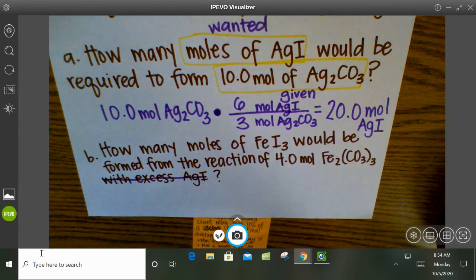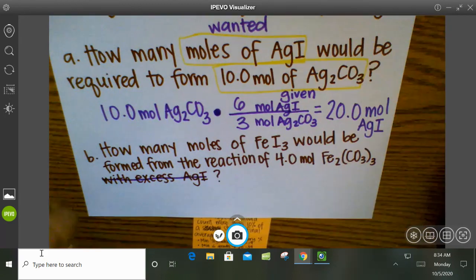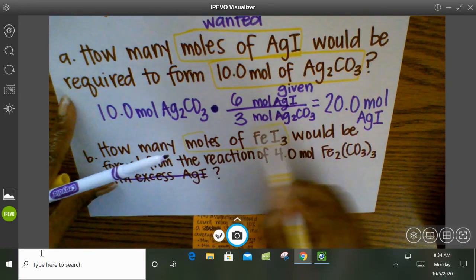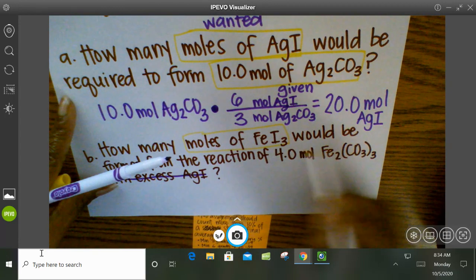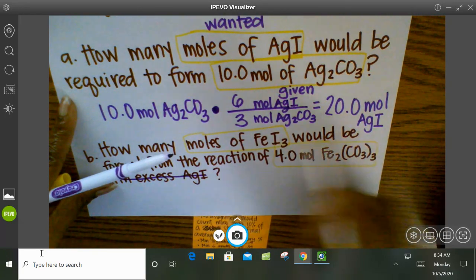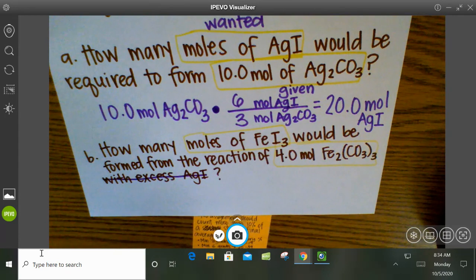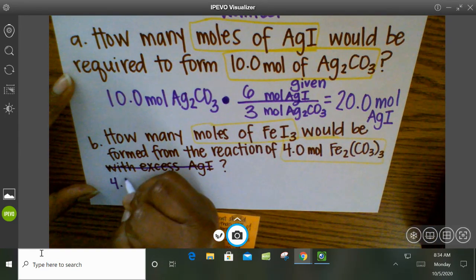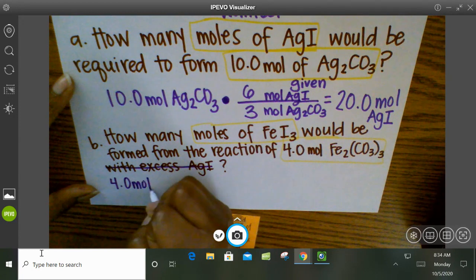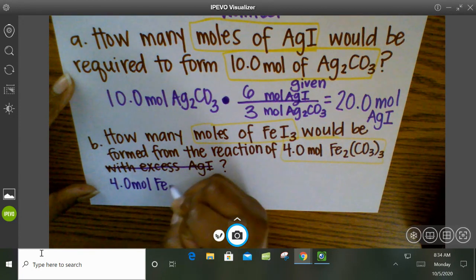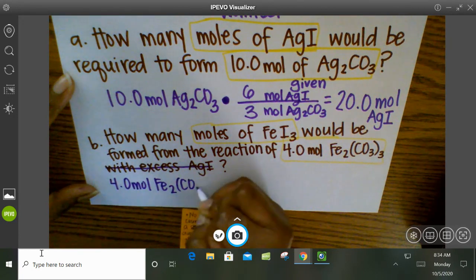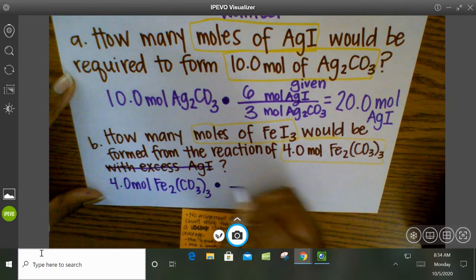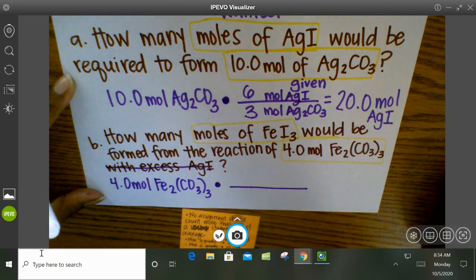So here we go. We're going to start with what we want to find, moles of iron 3 iodide, and what we're given is moles of iron 3 carbonate. I always start with my given amount, 4 moles of iron 3 carbonate, and I'm going to calculate and find moles of iron 3 iodide.